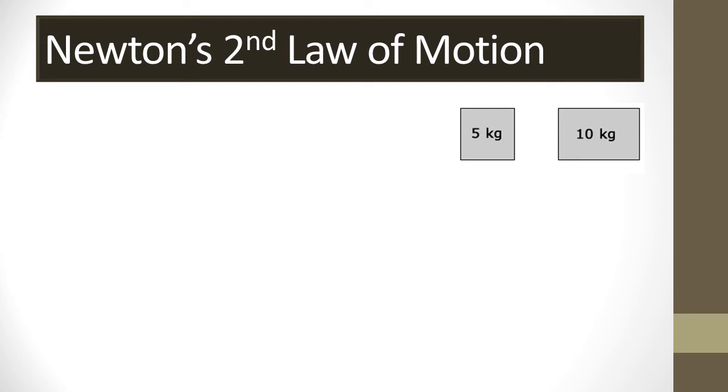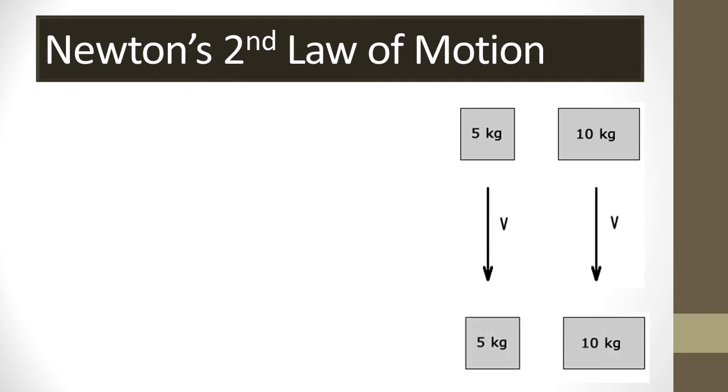Suppose a force F acts for time t on both objects. The object with the lesser mass, that is 5 kg, will move faster than the heavier object. The 5 kg object will move faster and the 10 kg object a little slower.